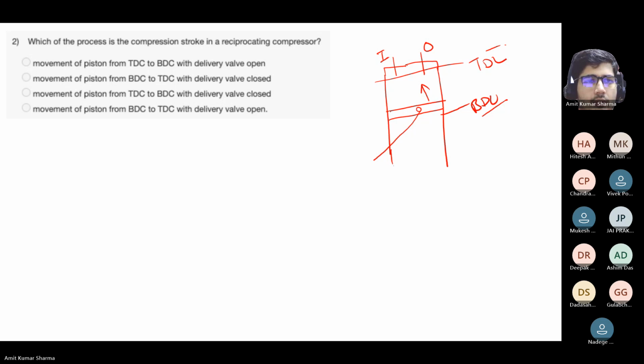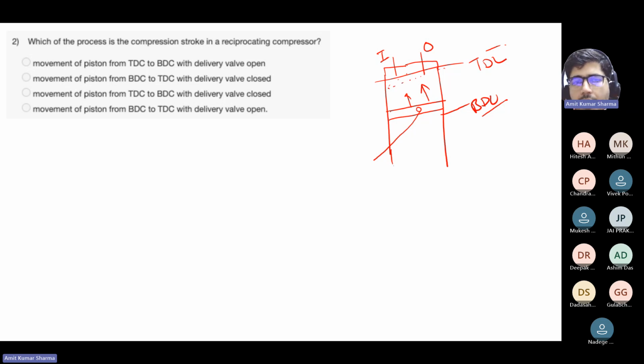For the compression, the delivery valve should be closed, and the piston should go from BDC to TDC. When it is moving, the volume is reducing, and there is no inlet and outlet.